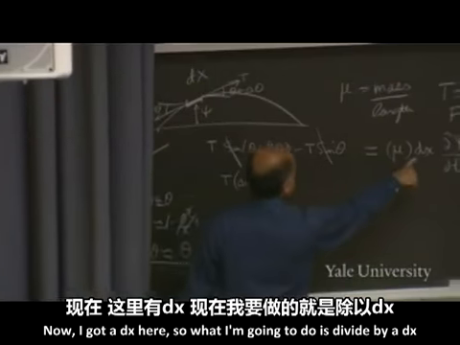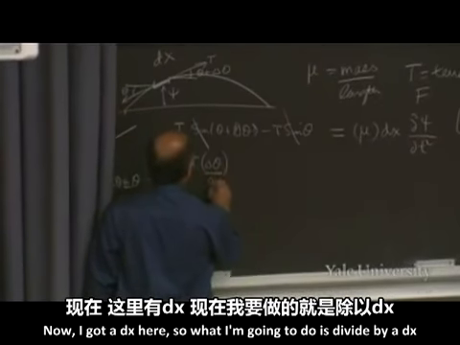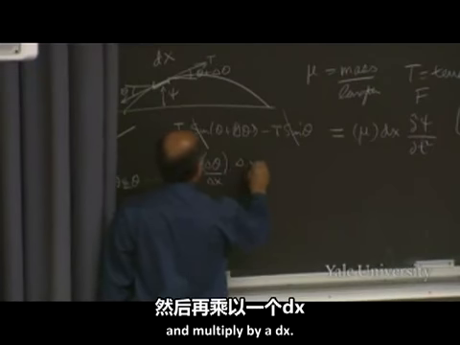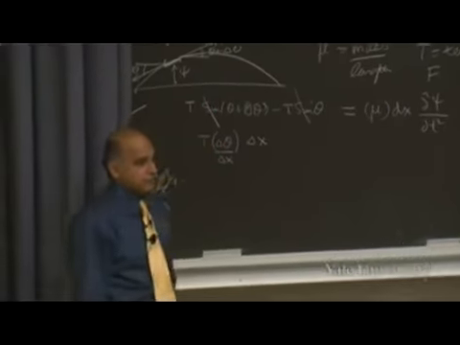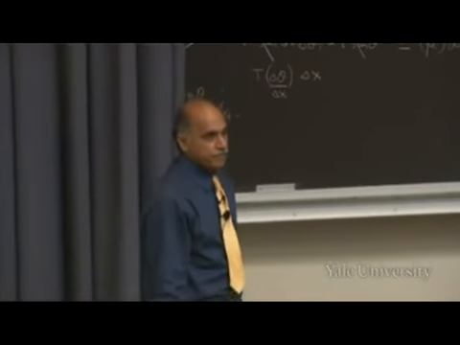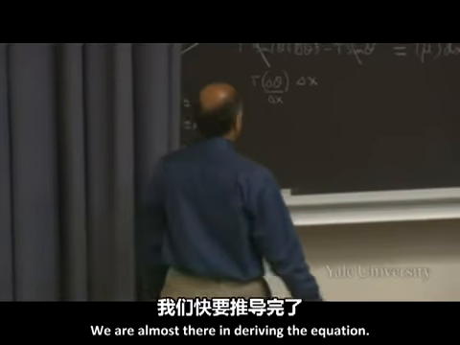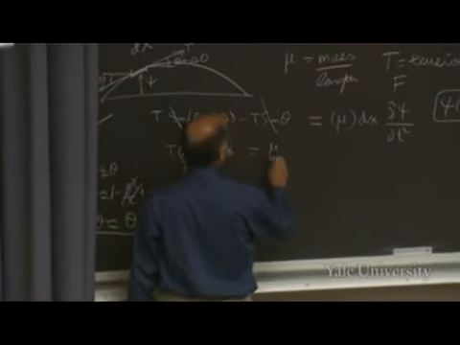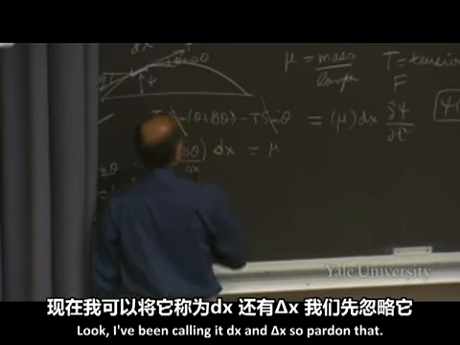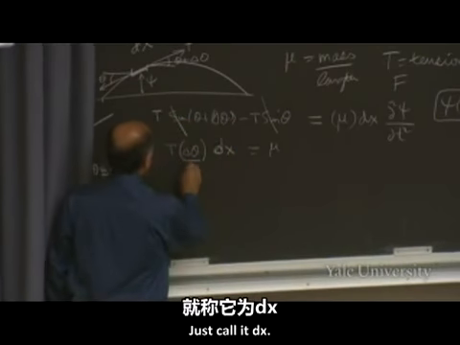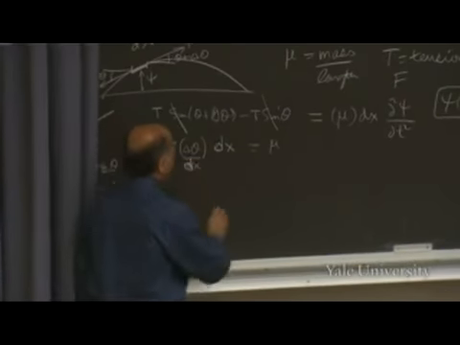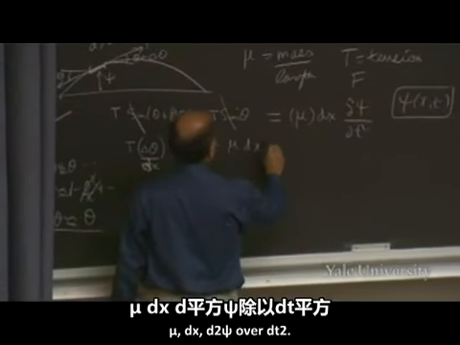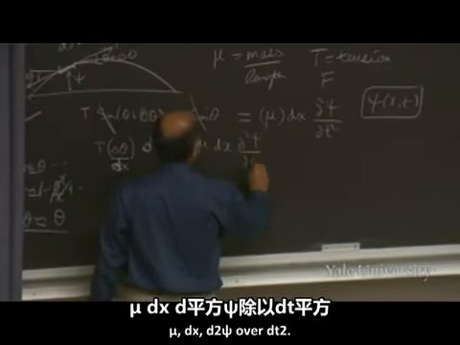Now, I've got a dx here, so what I'm going to do is divide by a dx and multiply by a dx. We are almost there in deriving the equation. Look, I've been calling it dx and delta x, so pardon that. Just call it dx. Mu dx d2 psi over dt squared.